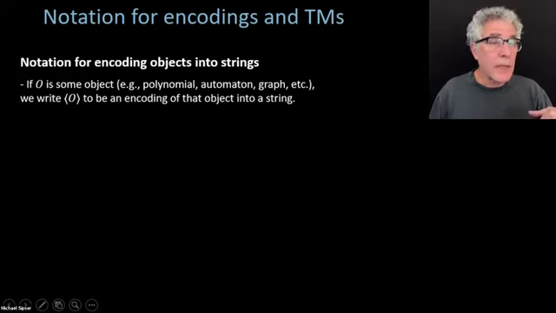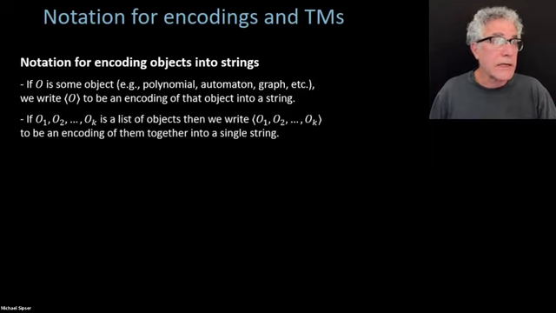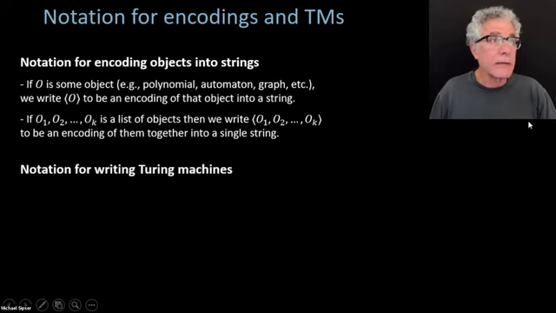Okay, so that's how we're going to be thinking of presenting Turing machines with more complicated objects and strings as input, because we're just going to represent them as strings using some ways in which I'm sure you're all familiar. I mean, that's how you deal with representing stuff when you write your programs anyway. But just to make it formal, that's the way we're going to write it down in these brackets. And if you have a list of several objects that you want to present together to a Turing machine, we'll just write them together within brackets like this.